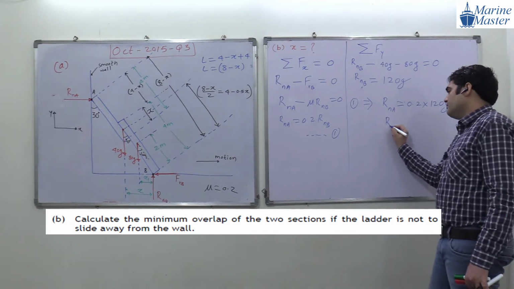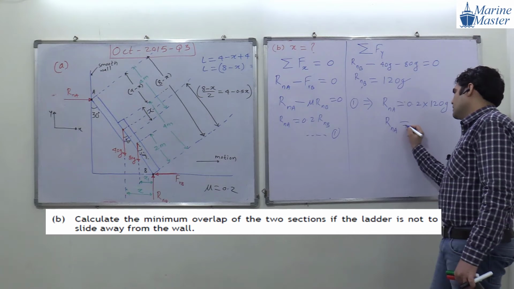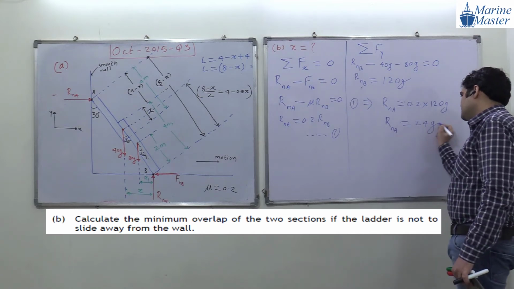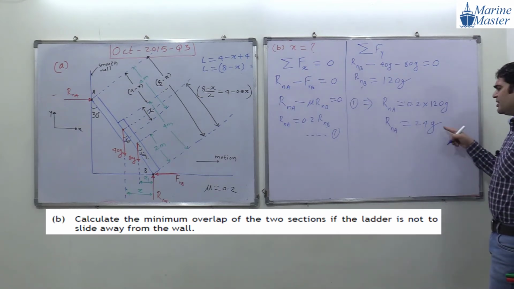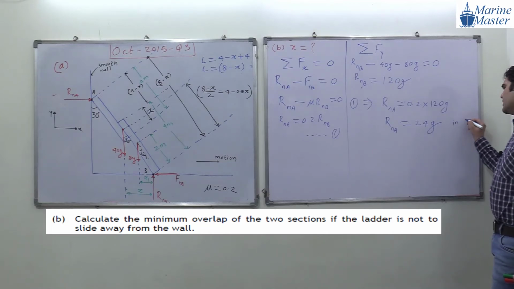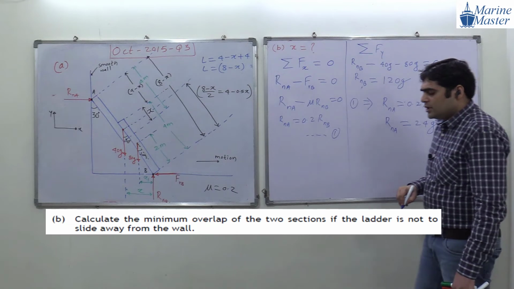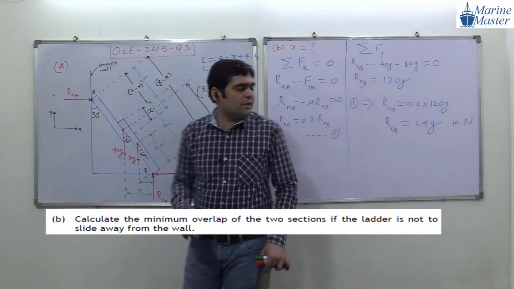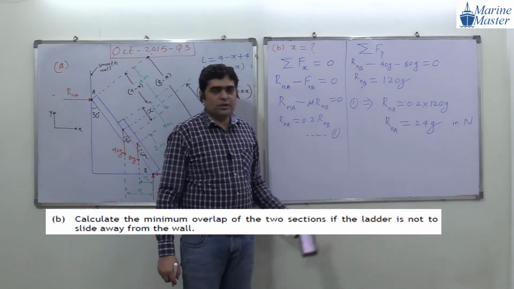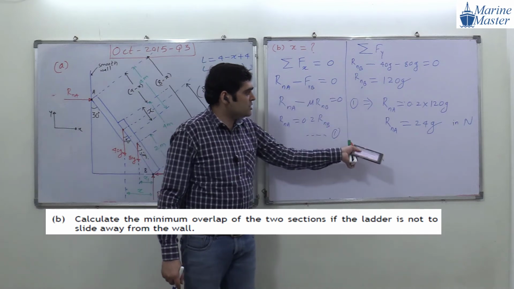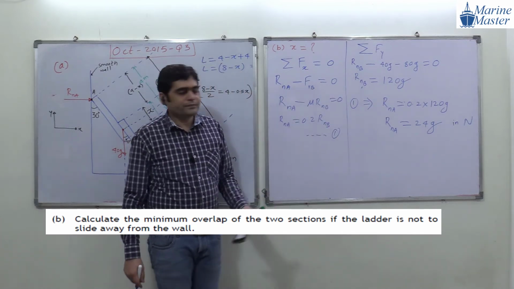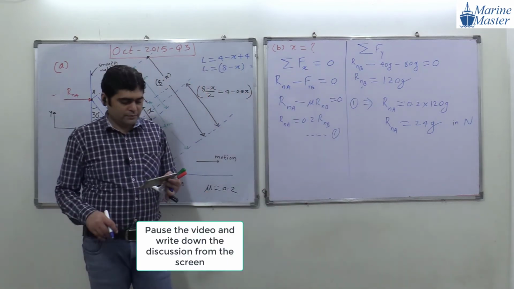So RNA will be equal to 24G. Basically it is in Newton, but we are writing in terms of G, so there is no need to write the unit. If you want, you can write Newton. So we got RNA in terms of G. Please everyone write down up to this point.